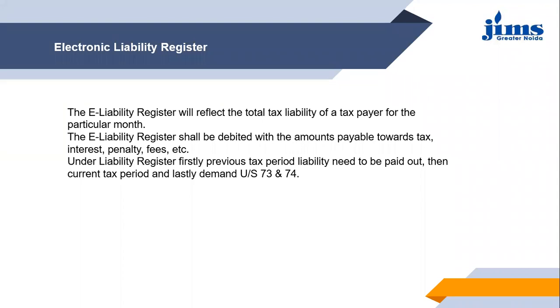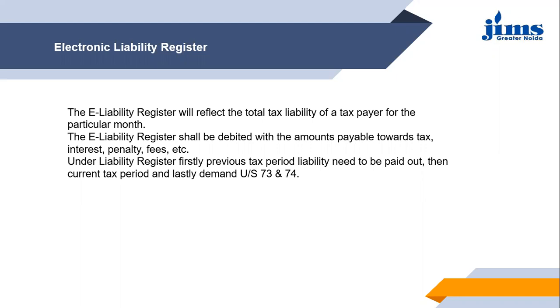And accordingly, as you know very well, whatever tax liability you have of any previous time period, you have to meet out first, then the current tax period liability, and lastly the demand under section 73 and 74.